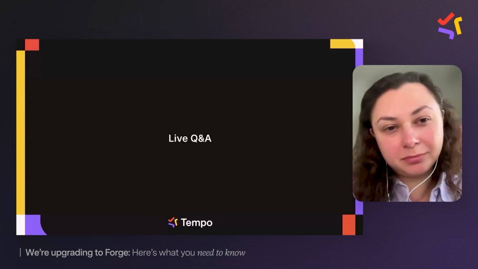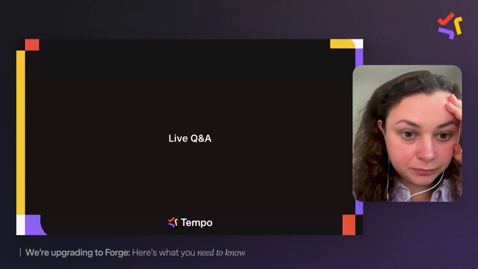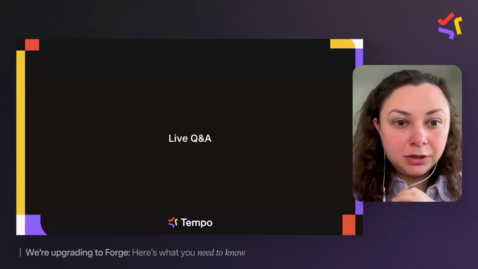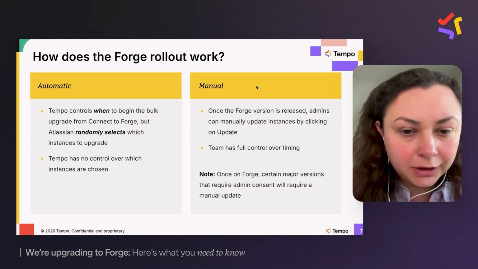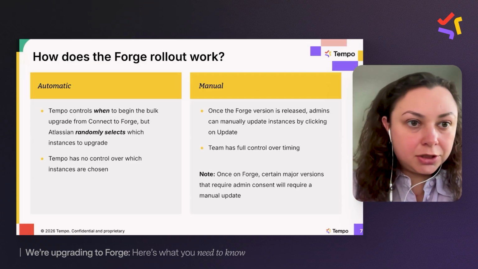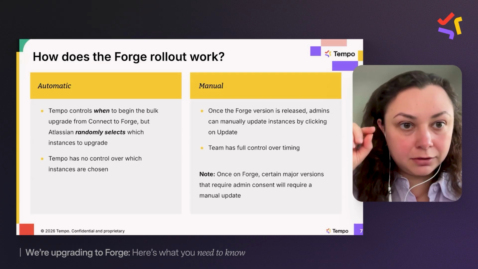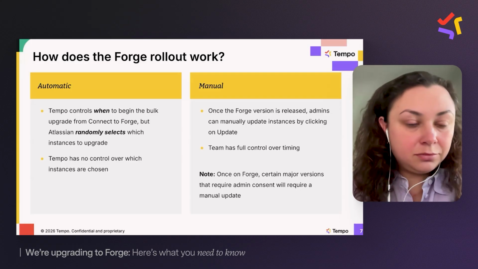So in general, again, it's on a product by product basis, but the idea is that right now you can update it manually to Forge. Yes, this is the slide. So in Jira administration, there is an update button near the name of the product, so you can update it right now.